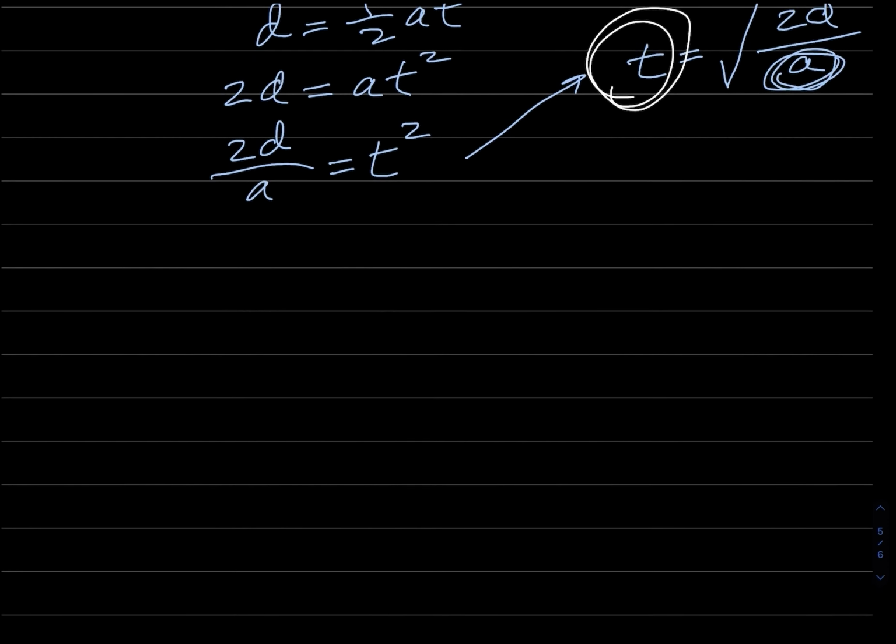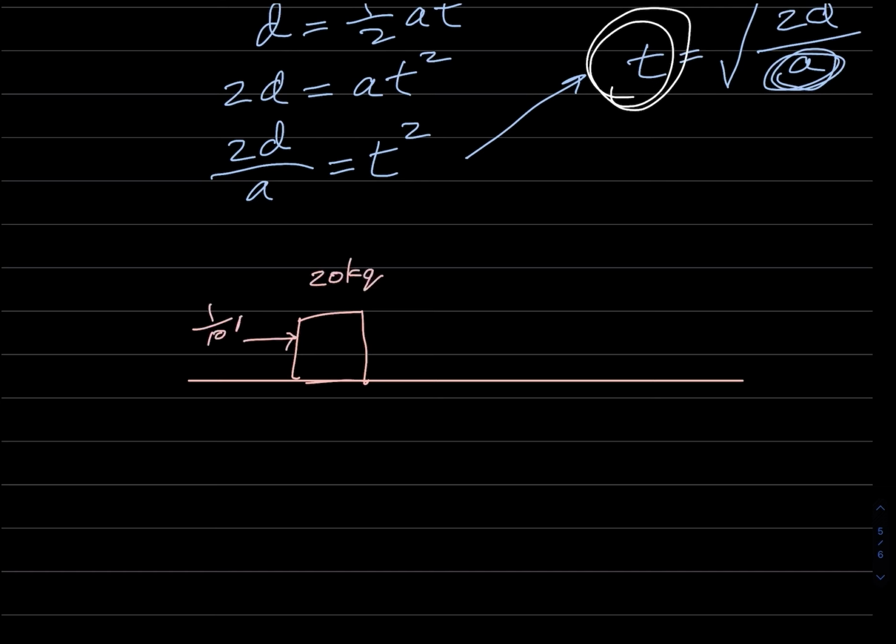Okay, so what else is going on? Let's go back to that 20 kilogram box on the floor of your kitchen, and you touch it with a finger and apply 1/10 of a newton to it. And we already said it wasn't going to move. But you keep pushing, and eventually there's a limit to what friction can apply to it, and the box will start to move.